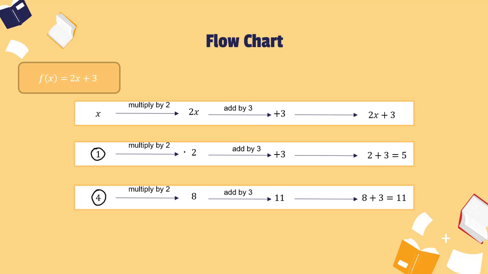For x equals 1, we multiply by 2 and we add 3 and we will get 5. For x equal 4, we multiply by 2 and after that we add 3 and we will get 11. So 5 and 11, we call it dependent variable.